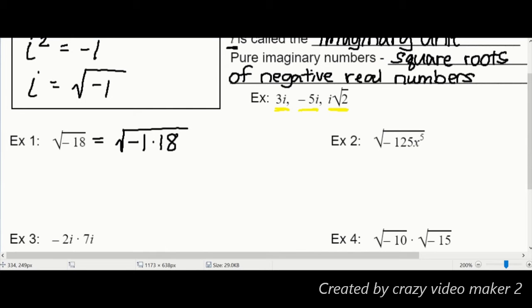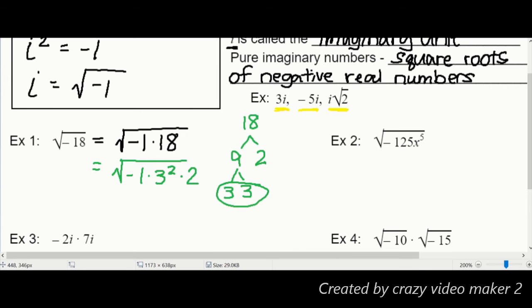Then what we're going to do is take those factor trees we talked about before, where if we take the factor tree of this, we have 9 and 2, and then we have 3, 3, 2, and 2. Then we can take that factor tree and say, well, what we actually have is -1 times 3 squared times 2. So pulling that 3 squared from over here and that 2 from here.